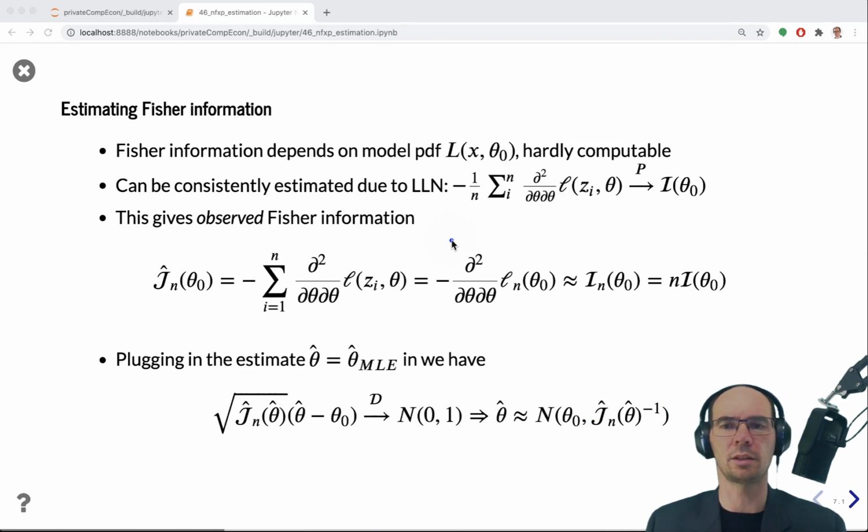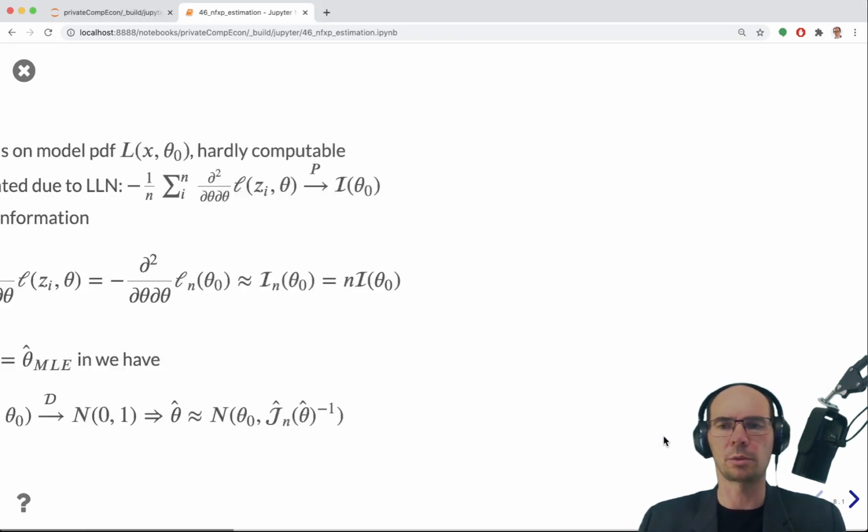Okay, that's the end goal. We want to be able to calculate the standard errors of our estimates, and the standard errors are going to be on the diagonal of this matrix. You also have to remember to take the square root.